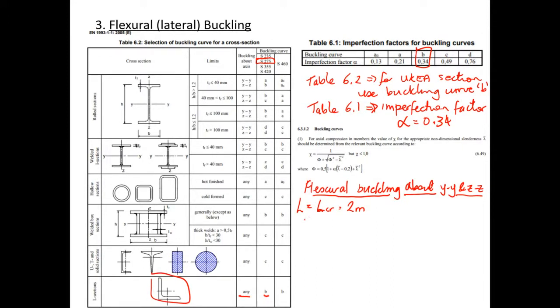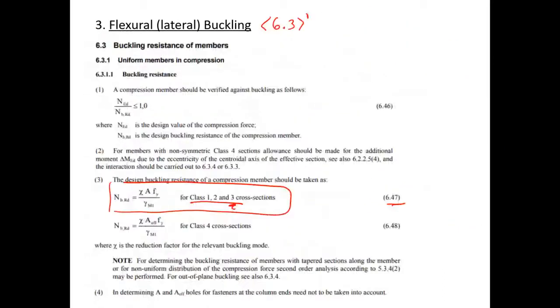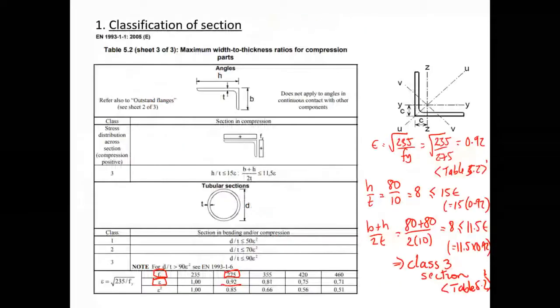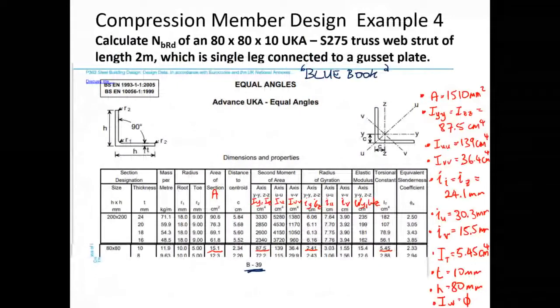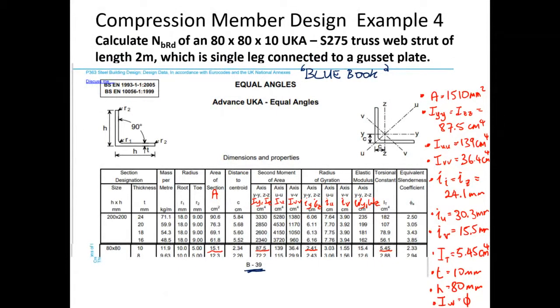And we know that the slenderness value is equal to critical length all over i_y. So the critical length here is 2 meters, 2000 millimeters. And the radius of gyration we got from the blue book. Sorry, the radius of gyration is 24.1.